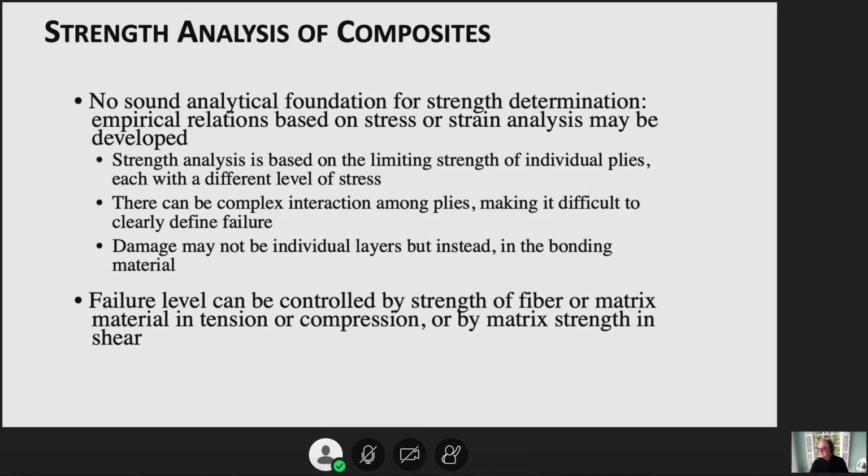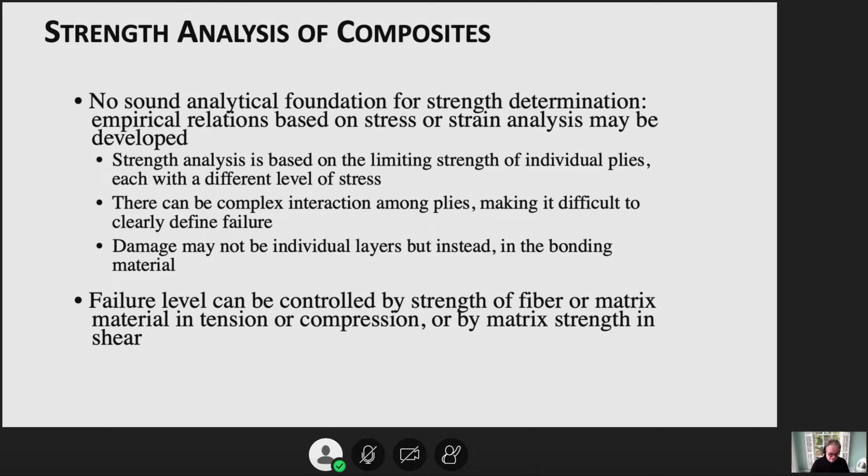And the assumption that we make is that stresses induced in a layer can be decomposed along the fiber direction and perpendicular to the fiber direction. Then we look at what the fiber does, whether it breaks, or what the matrix does.